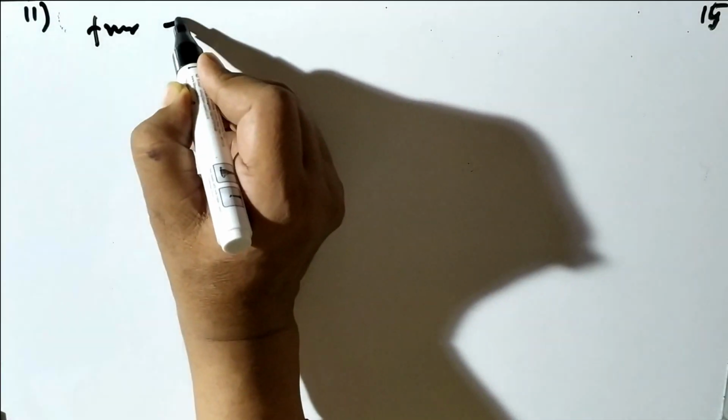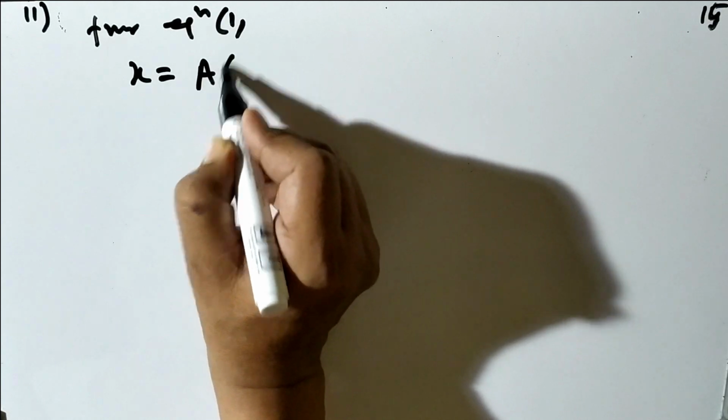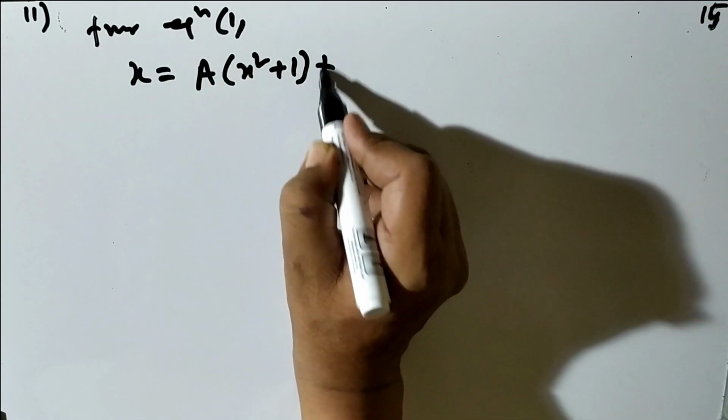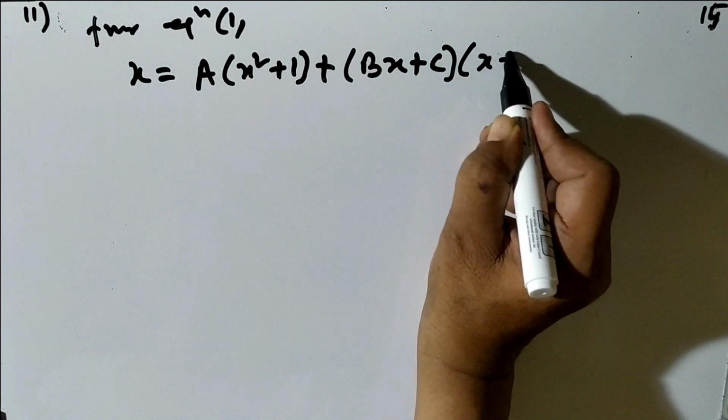From equation 1 we get x equal to a (x square plus 1) plus (bx plus c) (x plus 1).